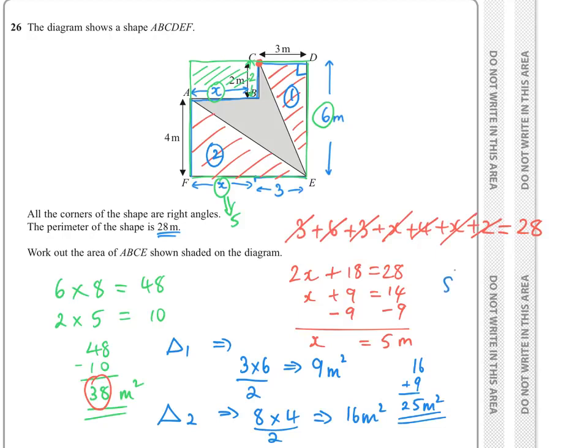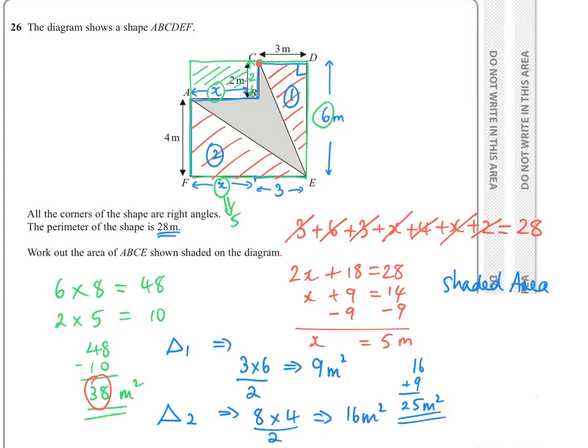So the shaded area is going to be 38, let's change this, it's going to be 38 minus the 2 triangles added together, which gives us 13 meters squared for the shaded part.